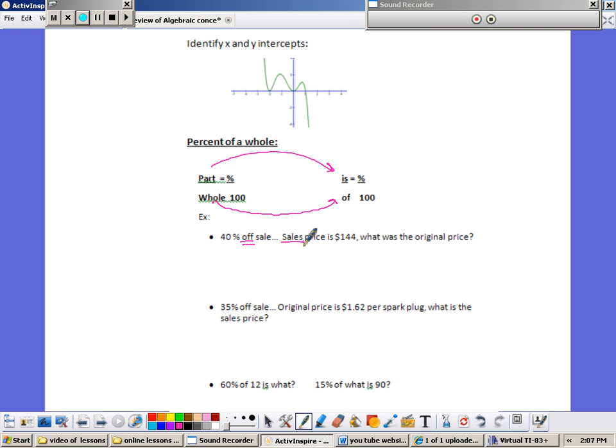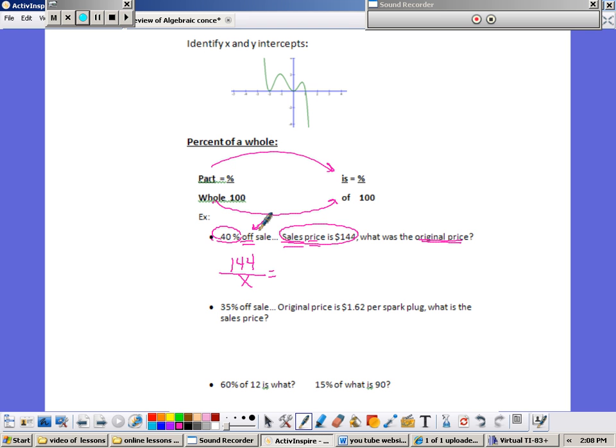Okay, 40% off sale. The sales price is $144. What is the original price? I have a sales price of $144. The original price is the whole, which I have no idea about. I have a percent of 40, and some people would be tempted to put the 40 in there, but you can't, because 144 is what you paid for. 40% is what you got off.